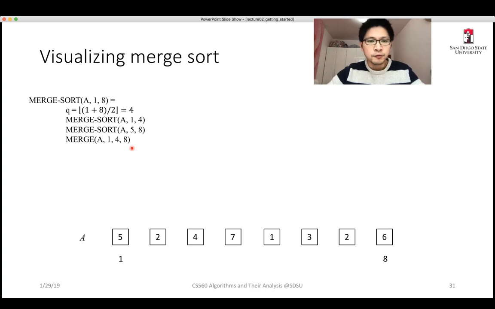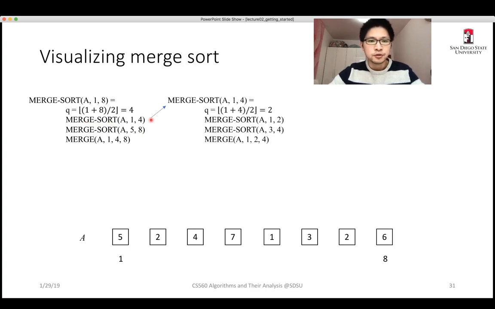If you want to understand what happens inside each call of merge sort, you can further draw out the procedure here. The call of merge sort on A1 to A4 further divides the subarray by computing the midpoint 2, and calls merge sort again on A1 to A2 and on A3 to A4.